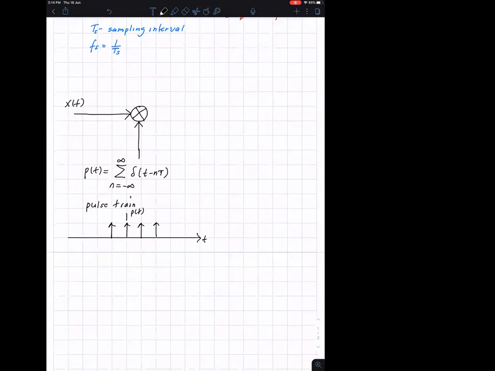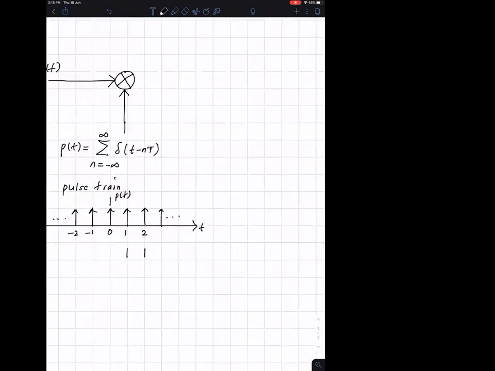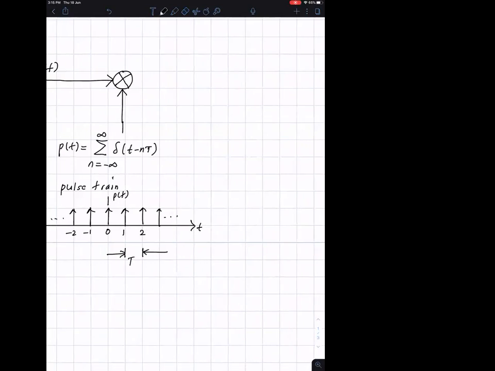In this pulse train, we'll have a sampling time, Ts. For example, if you call this 0, 1, 2, the sampling interval, you can call this the sampling time, Ts.